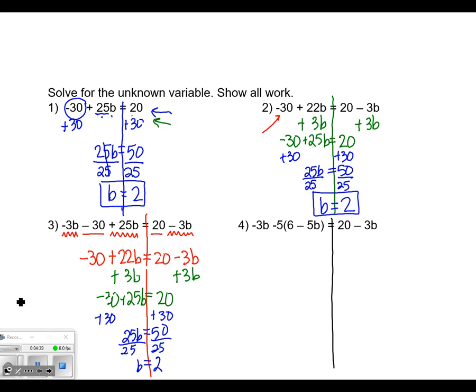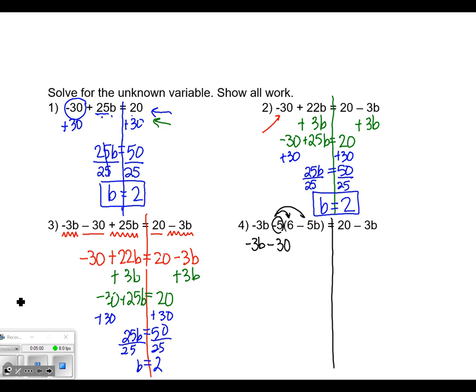Okay, finally. Looks like I've got distributive property to do here. So I'm going to copy this negative 3b. Don't need to do anything with that. Here's what I'm distributing. Negative 5 times 6. When I'm multiplying, if I have an odd number of negatives, like 1 negative in the problem, my answer is negative, so negative 30.